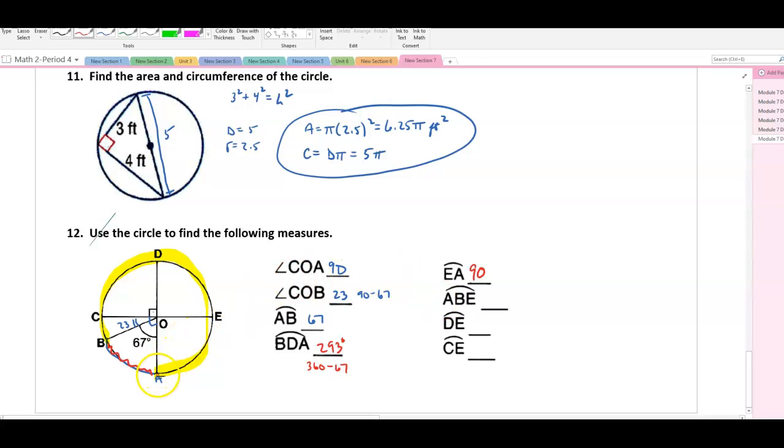Then arc A, let's do this in green. So I'm going to find arc A to B all the way to E. If you look, that's just going to be 360 minus that 90 degree angle we didn't include, which is 270. Arc DE is 90. Arc CE, if I look from C all the way to E, that's half a circle, so 180 degrees.